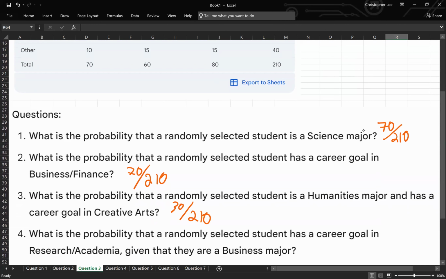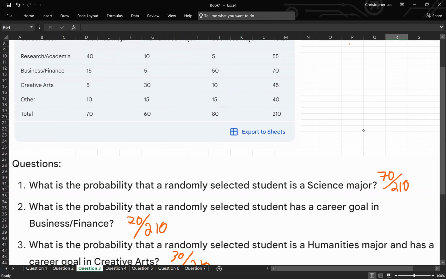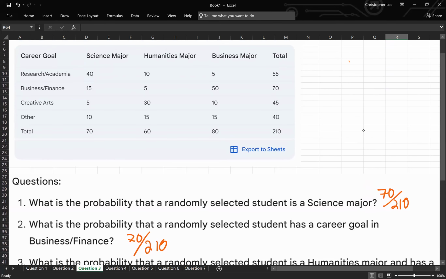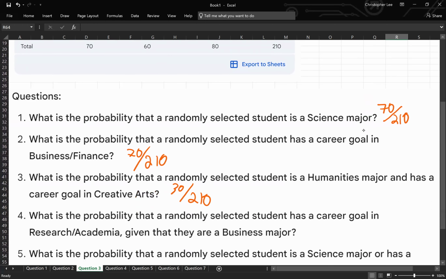Number 4. What is the probability that a randomly selected student has a career goal in research and academia given that they are a business major? 50 over 80. Right, 50 over 80.